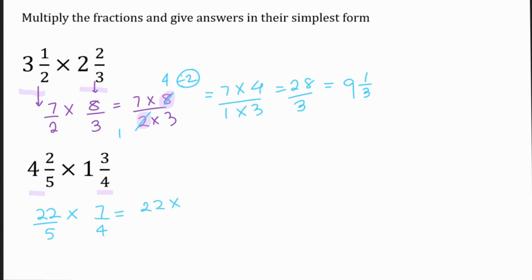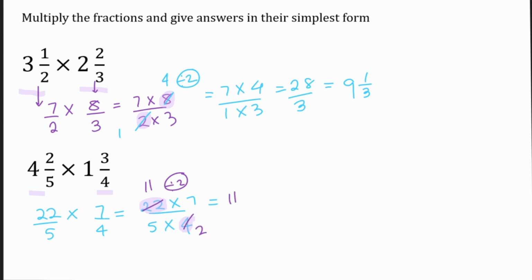So before I multiply, I again want to check if there are any numbers in my numerator and denominator that have common factors. So my 22 and my 4 have the highest common factor of 2. So I am going to divide both of these numbers by 2. So 22 divided by 2 is 11 and 4 divided by 2 is 2.